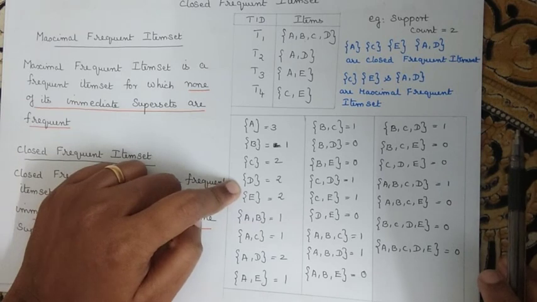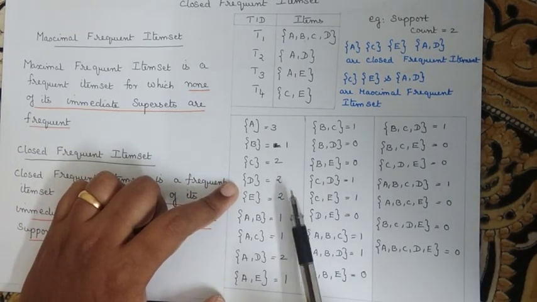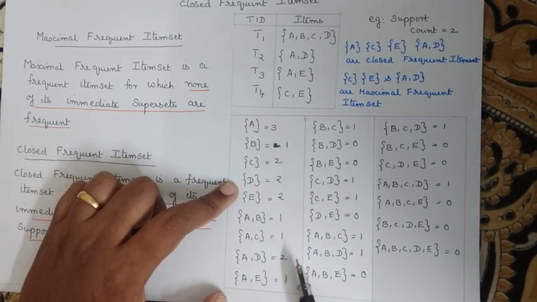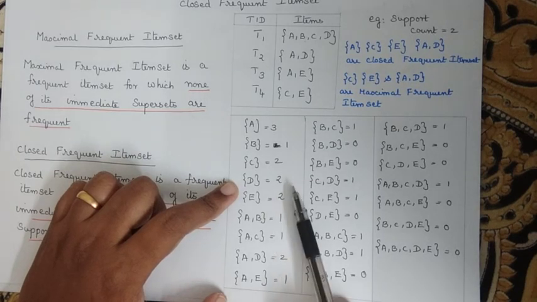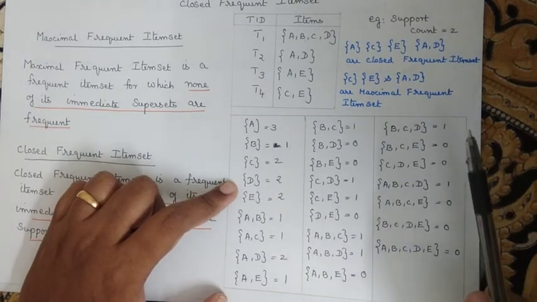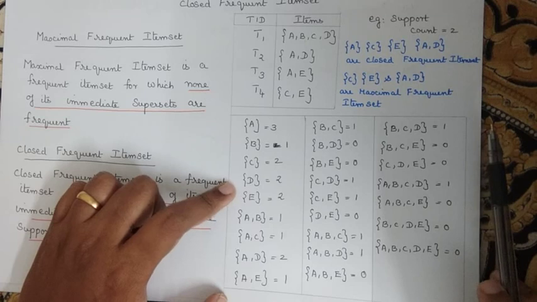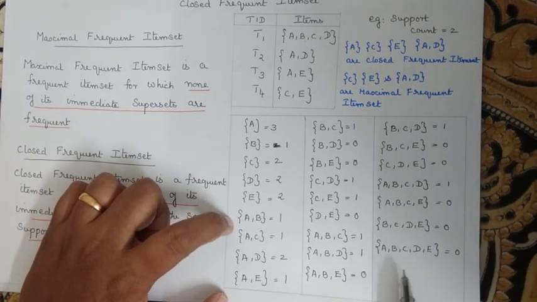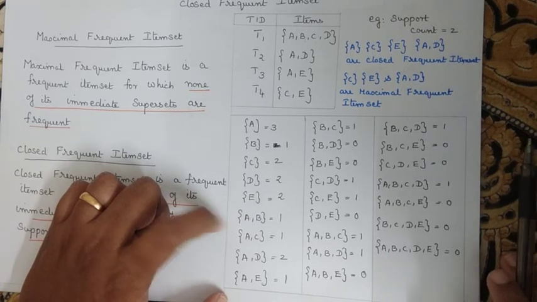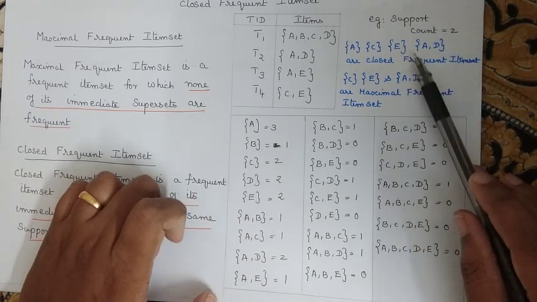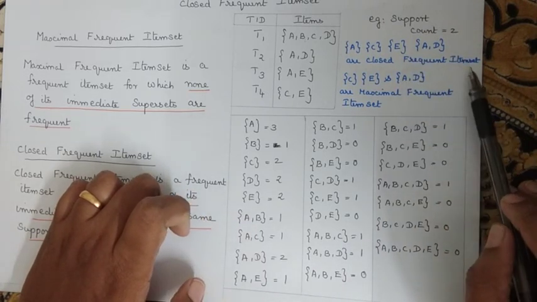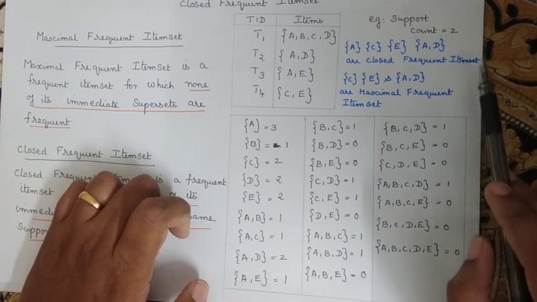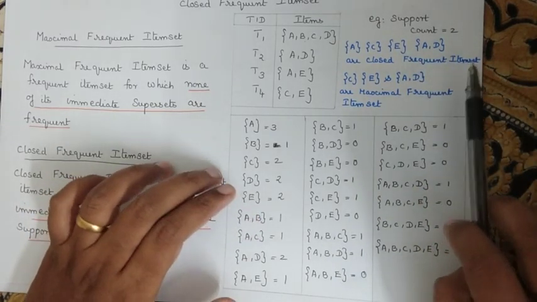In the same way for D, its immediate superset has the same count as itself, so I can't take D as a closed frequent item set. We can move on with E and all the other sets, and we see that A, C, E and AD are closed frequent item sets.